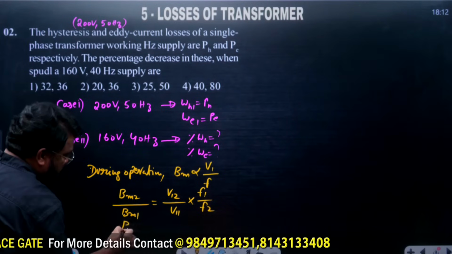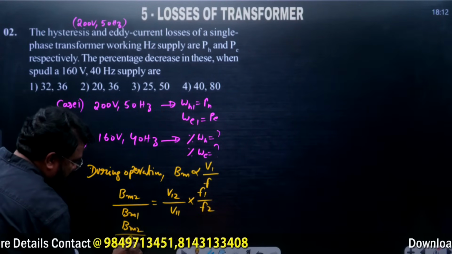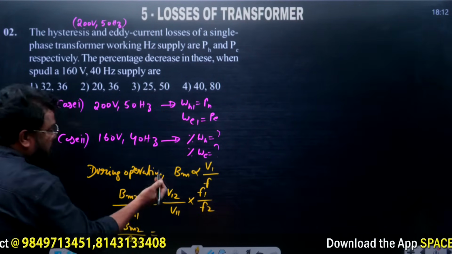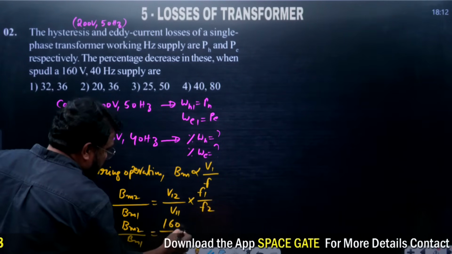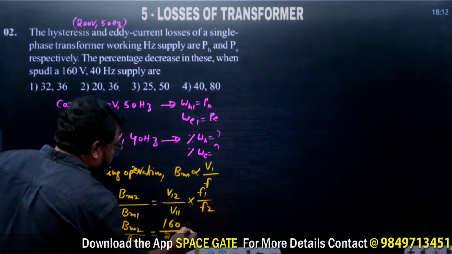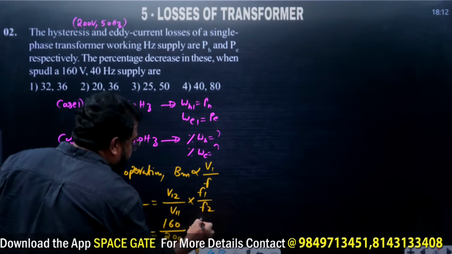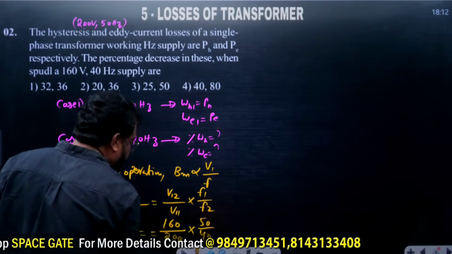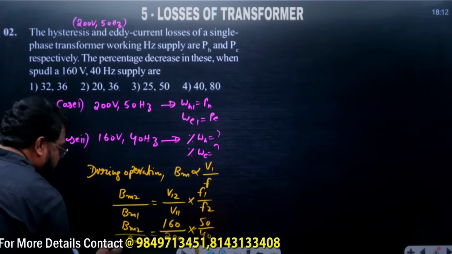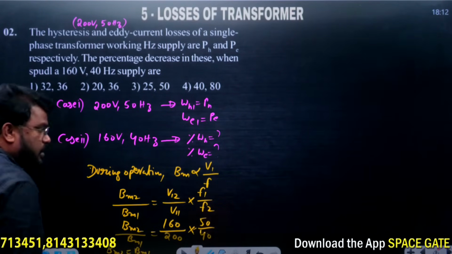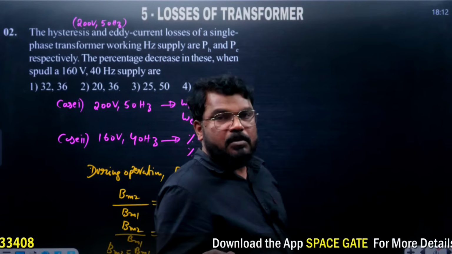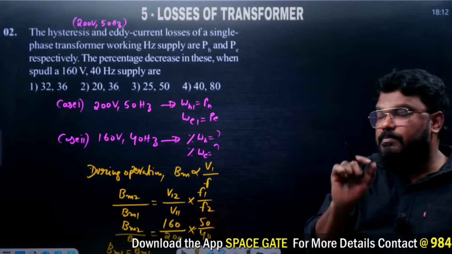Therefore B maximum 2 divided by B maximum 1 is equal to 160 divided by 200 multiplied by 50 Hz divided by 40 Hz. By solving this we get B maximum 2 equal to B maximum 1. So flux density of the transformer core remains the same.